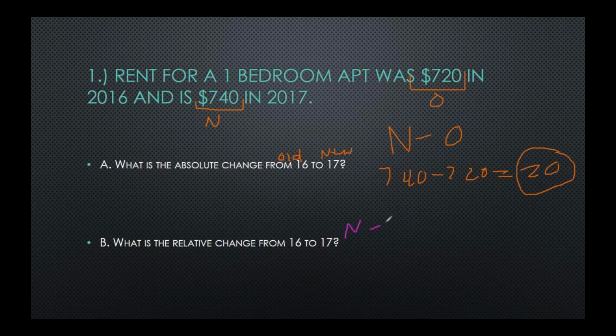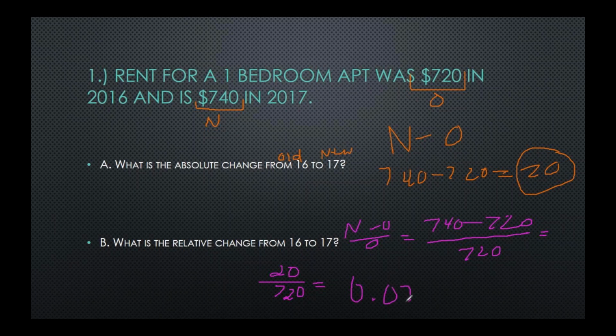Now let's look at relative change in our second one. We're looking for new minus old divided by old. You'll notice the numerator is just absolute change, new minus old, divided by old, which is 720. When I simplify that, I get 20 over 720. What does that turn into as a percent? Let's go to 1 decimal point. Change it to a decimal, then to a percent, then round. 2.8, very good.